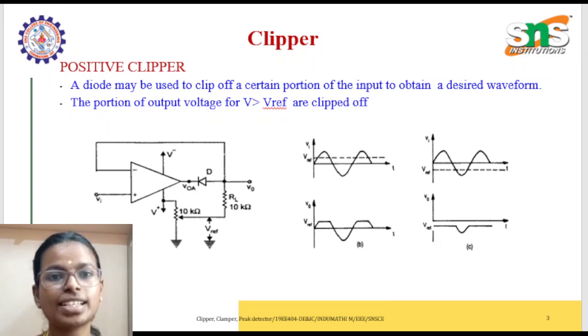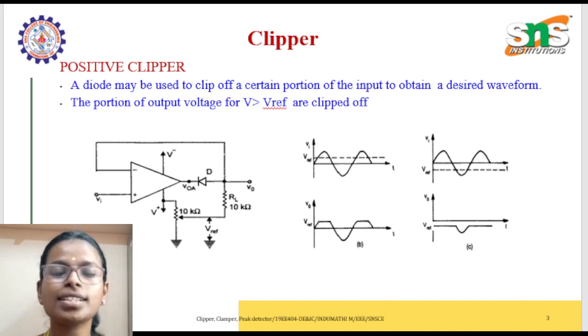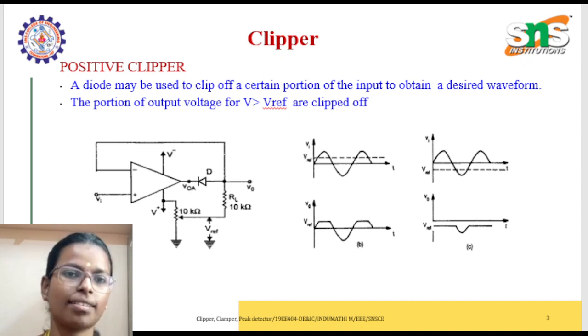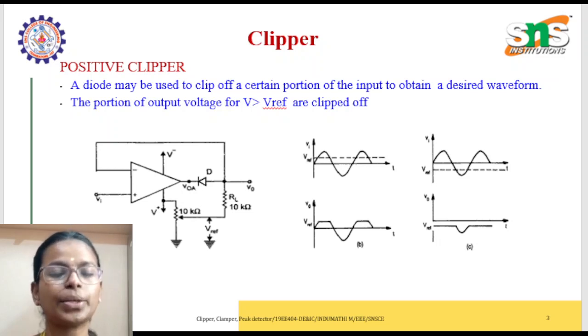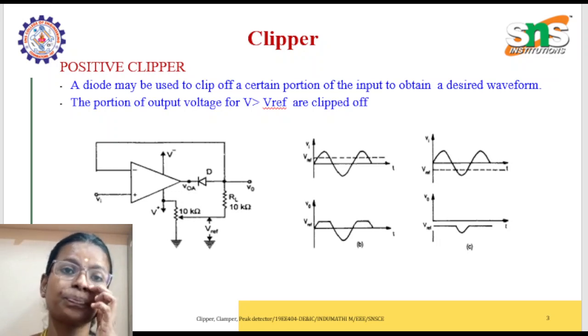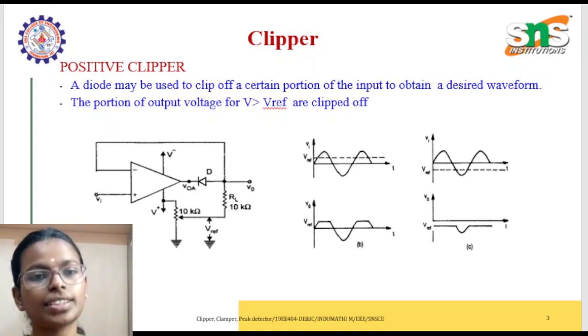For example, how the diode works: in forward bias it will conduct, in reverse bias it does not conduct. Basic, right? If the diode is in forward condition, your waveform will be there. If it is reverse, your waveform will not be there. Simple, right? And here we are adding an extra, the reference voltage.